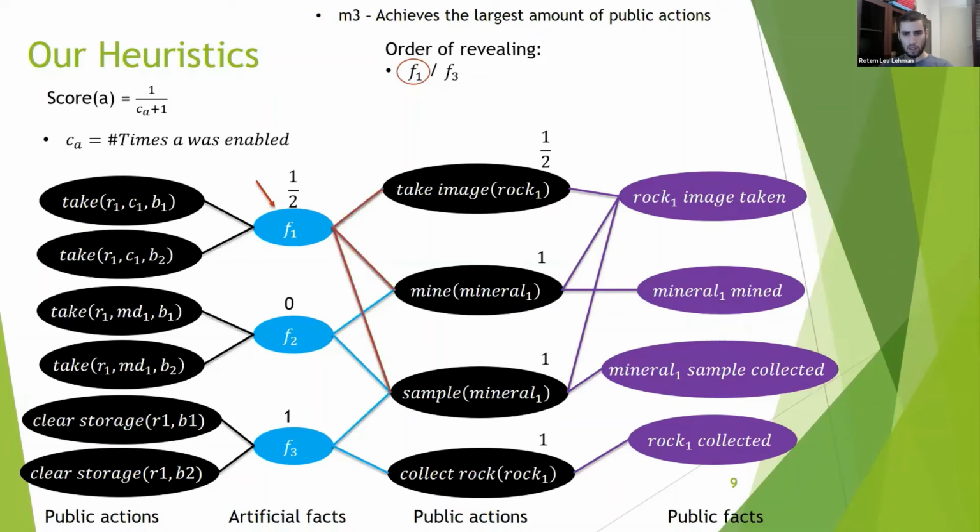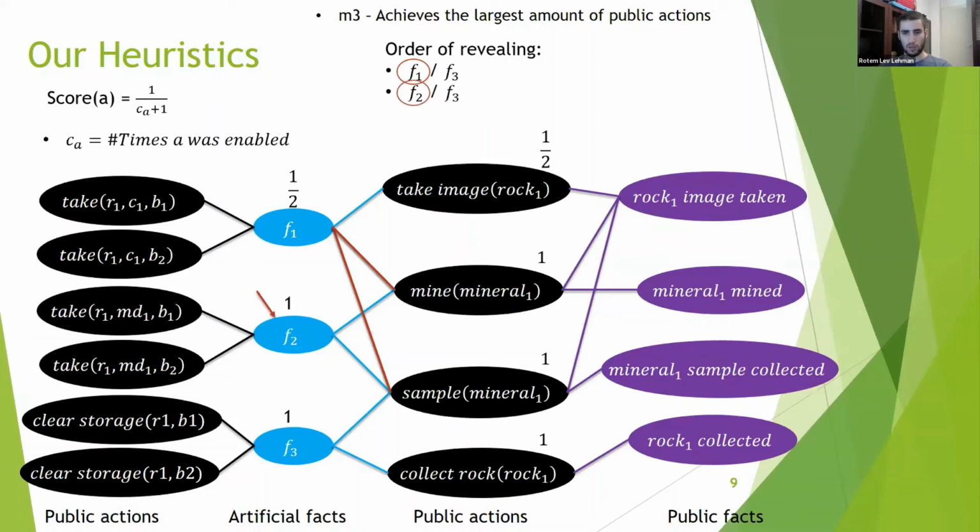The red marked lines are preconditions that have been met for the actions. In the next round, the facts F2 and F3 will both be able to enable one action that has a score of 1. F2 could enable mine mineral 1, and F3 could enable collect rock 1. This shall lead to a tie between both facts.